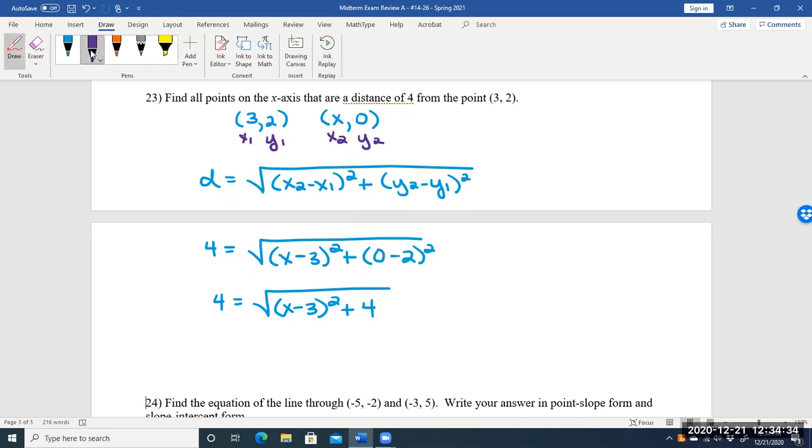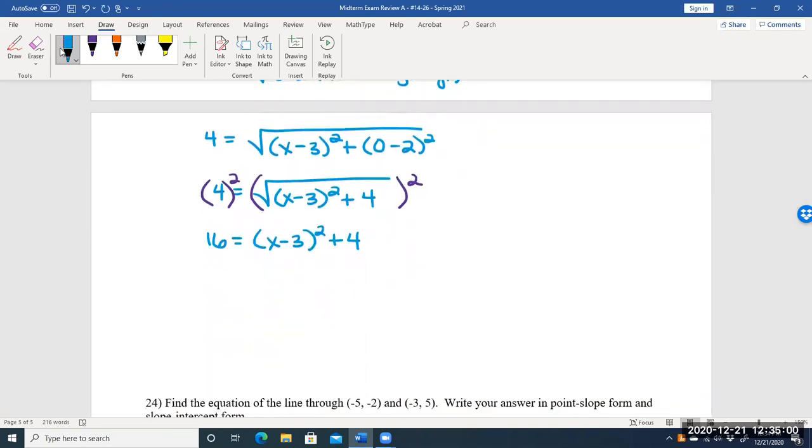Now to solve this square root equation, I can square both sides. And we know that squaring a square root undoes it, or makes it disappear. So now we have 16, because 4 squared is 16, equals (x minus 3) quantity squared plus 4.